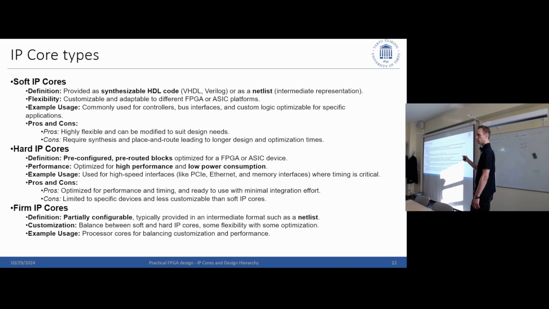It may be encrypted though, so someone might have written an encryption over it to sell it to you. Hard IP cores are already pre-configured, pre-routed blocks, so they are ready to go into your design. They do not change, and they are specific to the device you have right now. Of course, this comes with benefits and disadvantages on both sides.